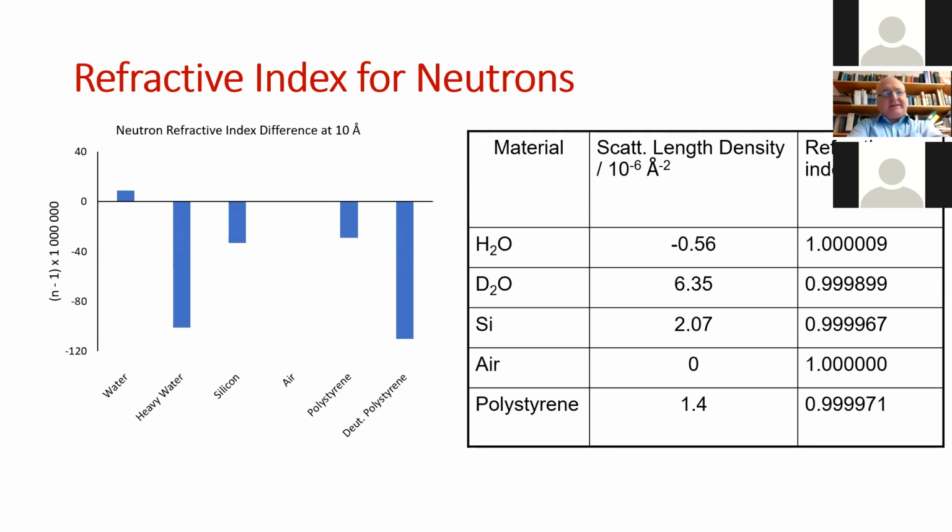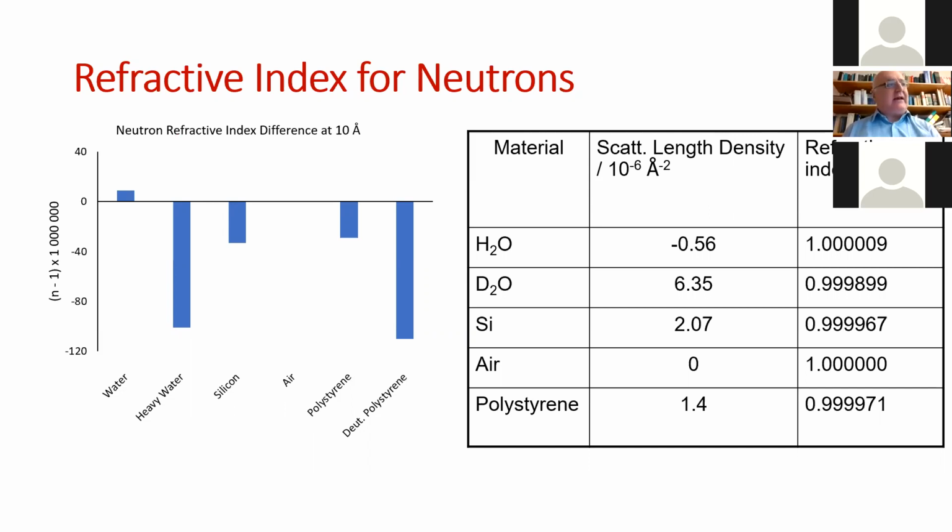But it does mean that typically scattering is low, and that the optical effects, such as total reflection, that was mentioned in the last talk and is used in neutron guides, but is also used to study materials, occurs for most materials at extremely low angles, less than 1 degree grazing incidence. And we'll come on to some of those studies in just a few minutes.